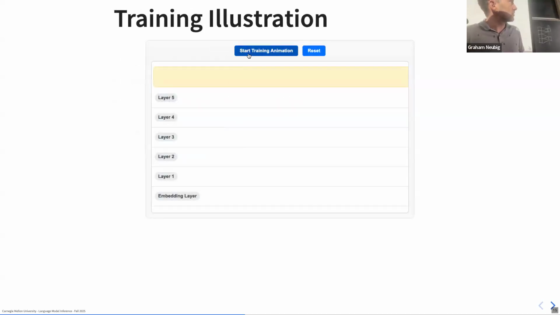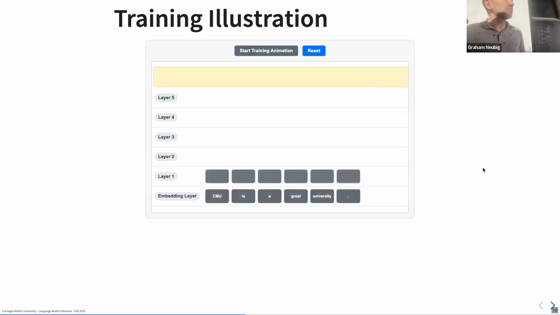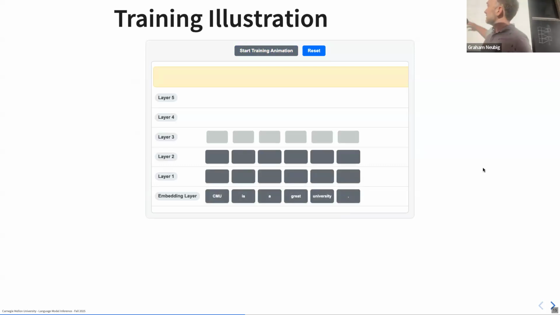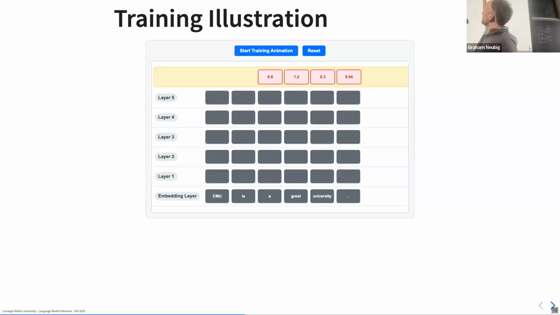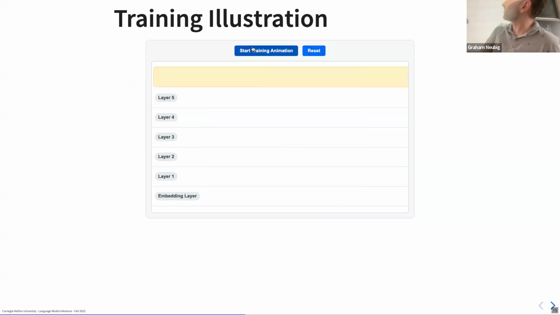And so what this looks like is a little bit like this. Essentially, we have an embedding layer, and we step through each layer of the model until we get to the very end, and we predict the loss, and then we add the loss together, and we get a final loss for our entire data. So just to do that again, to contrast with the one I'm about to show for inference, it's like this.